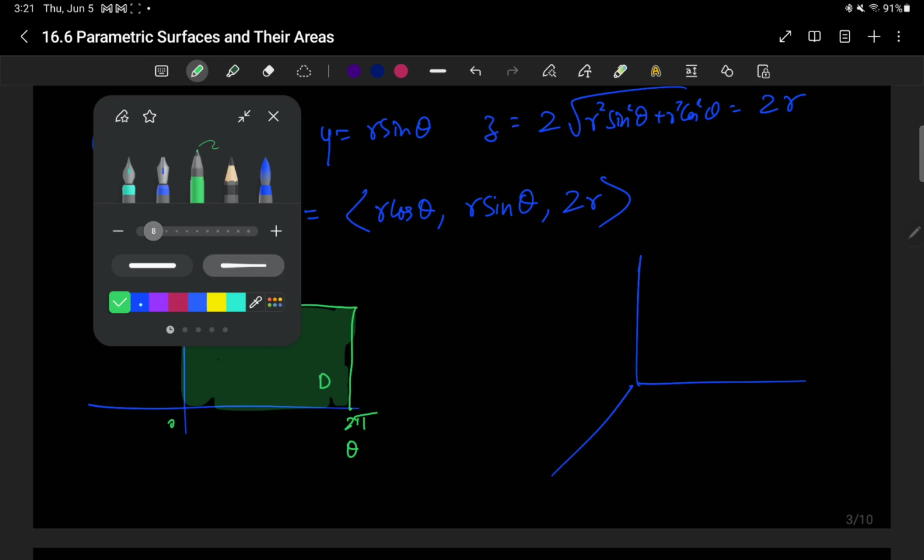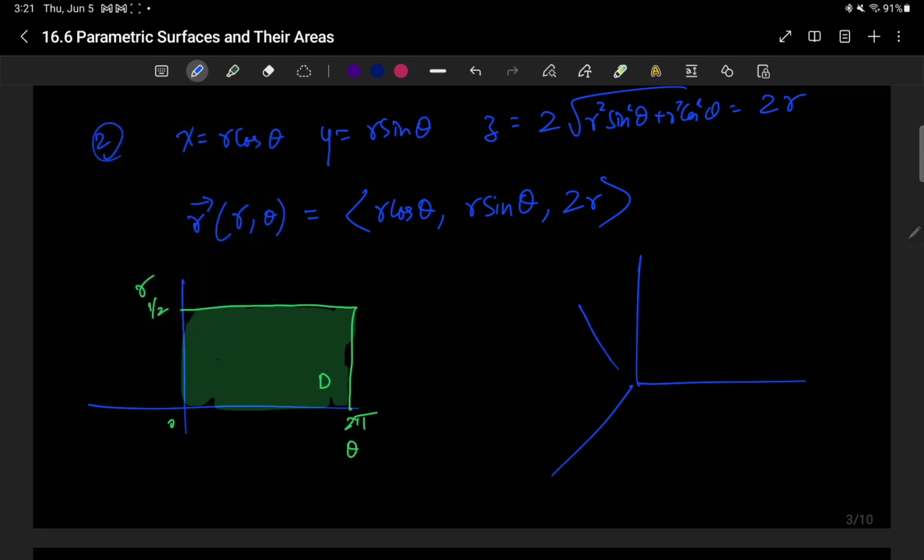And over here, I know that the surface that I'm dealing with is a cone. So I have a cone here.